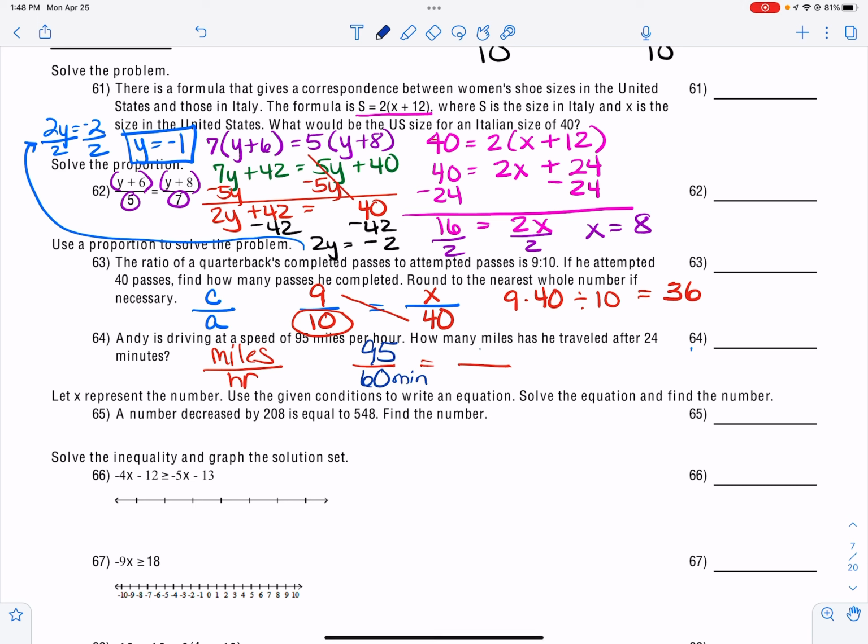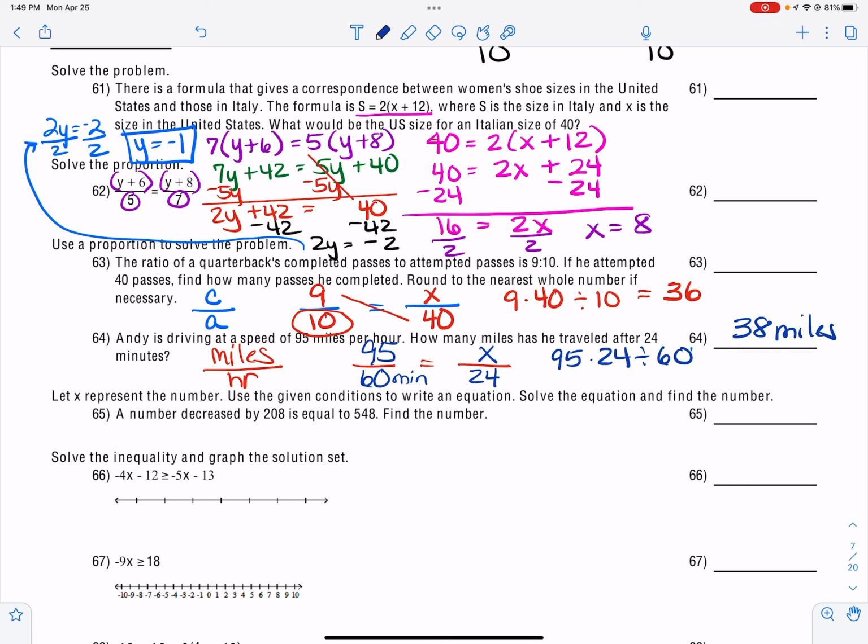And then we want to know how far he has driven in 24 minutes. So we take 95 times 24 and divide it by 60. So everything has to be in the same unit. So when I multiply these out and then divide by 60, I am going to get 38 miles.